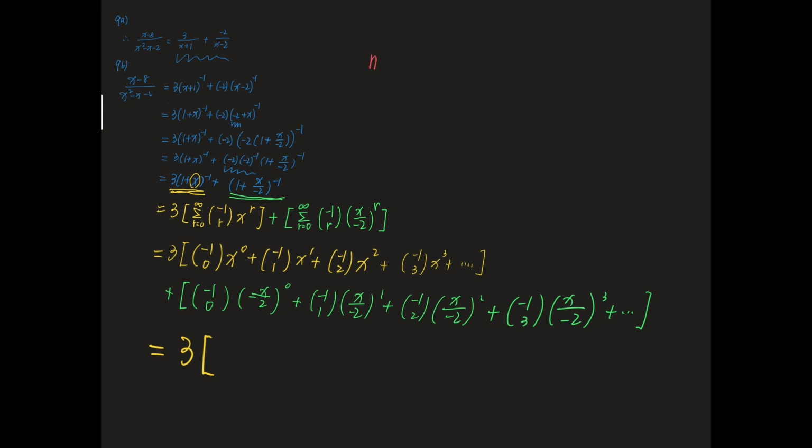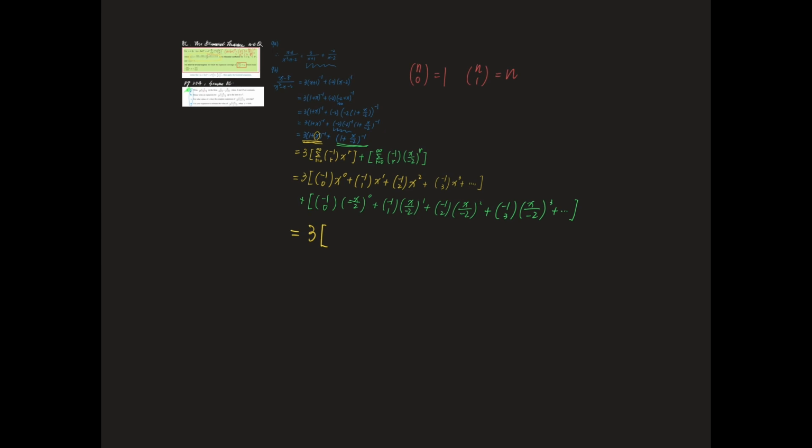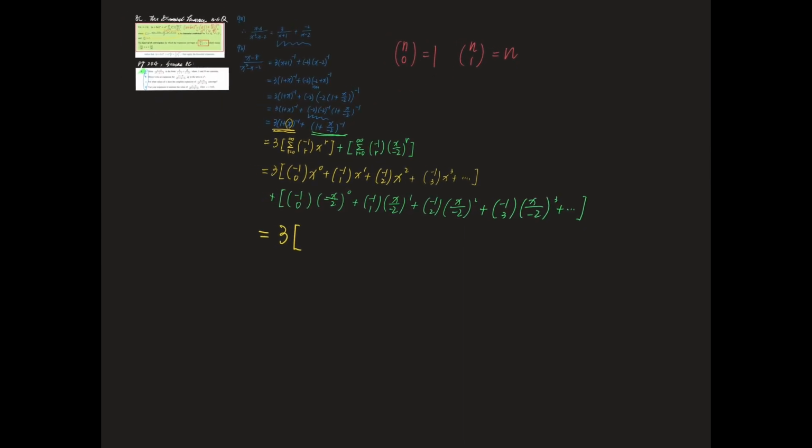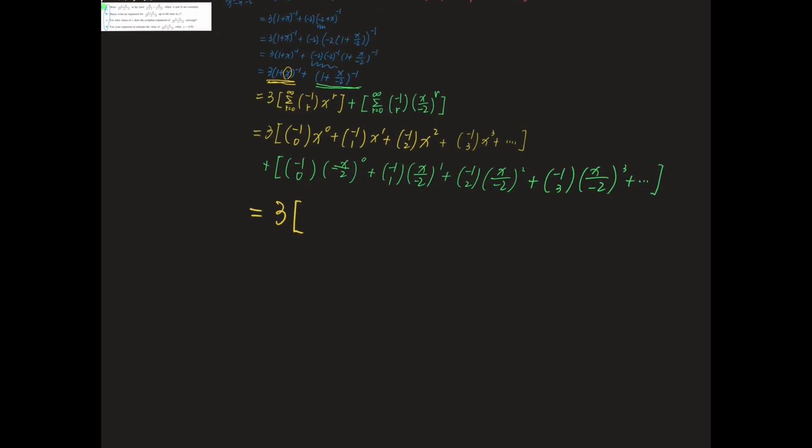I'll write it here. So n choose 0 is always 1. And how about n choose 1? It's always n. Okay? So this makes your calculation quicker. So continue that. -1 choose 0 becomes 1. So 1 plus the second part, -1 choose 1, n choose 1 is just always n, then n is -1, so we just copy it down, -1 times x, plus -1 choose 2 becomes what?